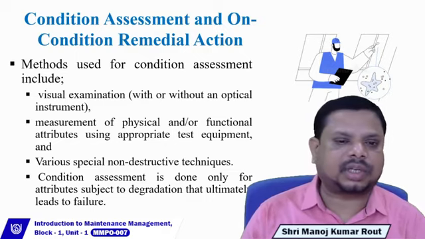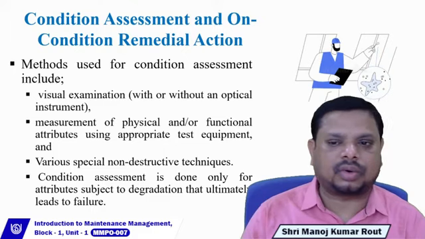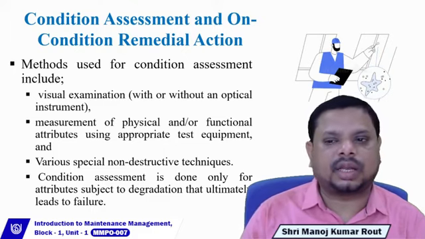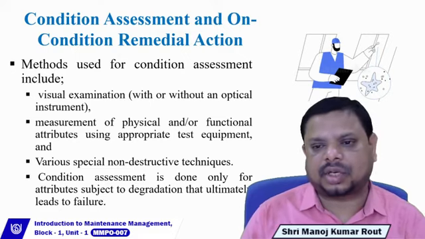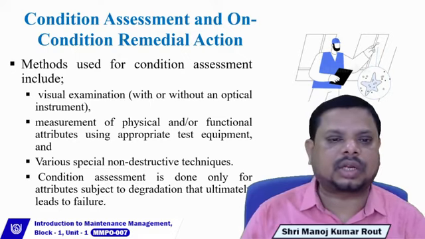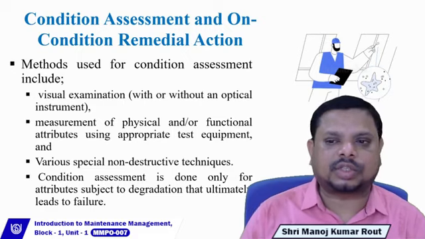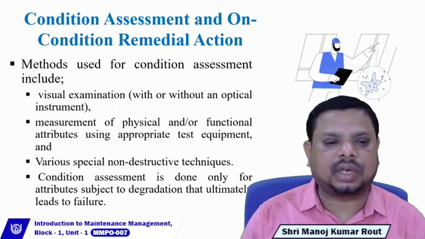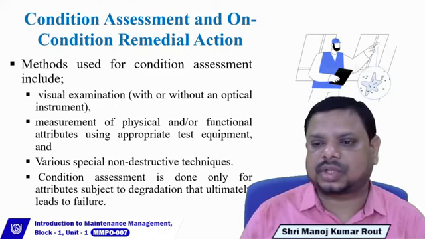Most of the industry, especially with reference to Industry 4.0, uses this condition assessment in various movable parts, especially at system, subsystem, and component levels. If possible, they conduct a visual examination. If possible, they go for physical and functional attributes testing of the machines.